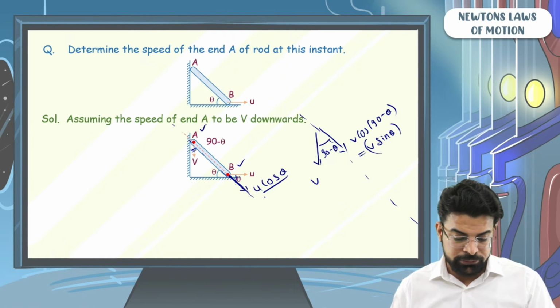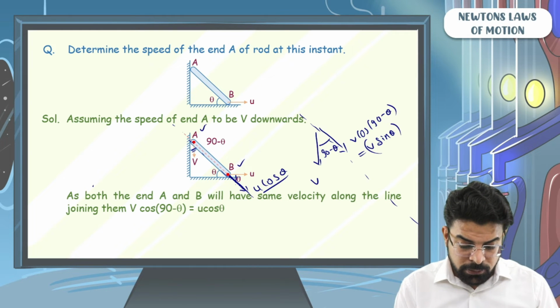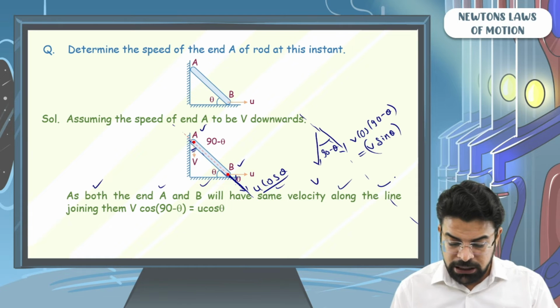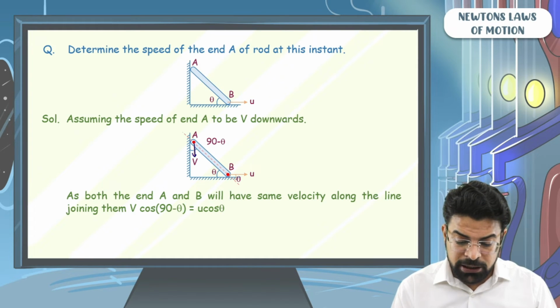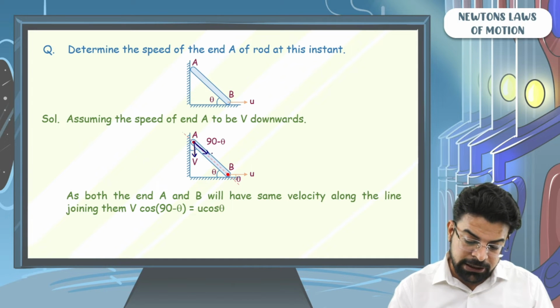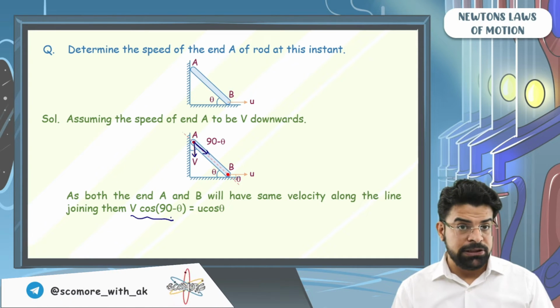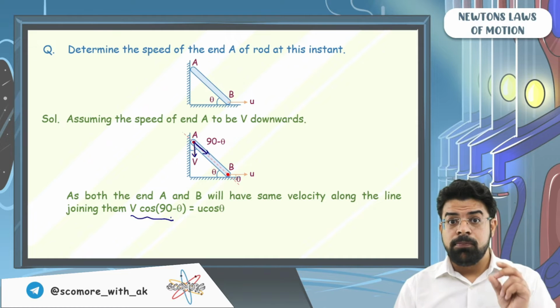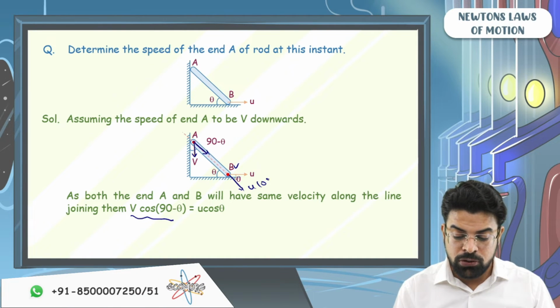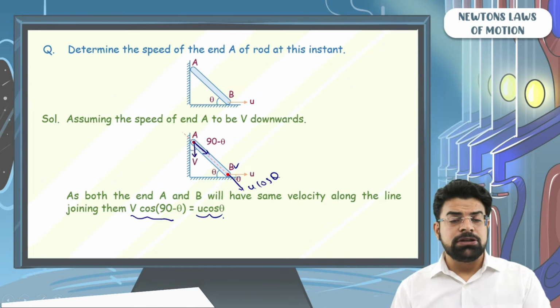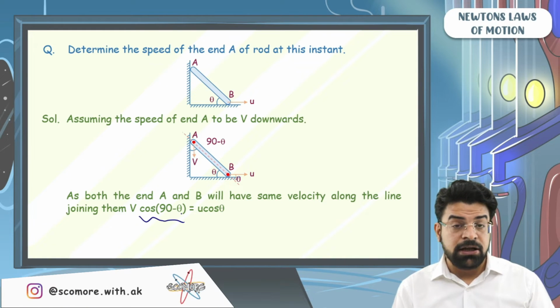So as both the ends A and B will have the same velocity along the line joining them, we can say that the component of velocity of A along the line joining them, v cos(90 minus theta), equals the component of velocity of B along the line joining them, that will be u cos theta. In place of cos(90 minus theta), we can write sin theta.